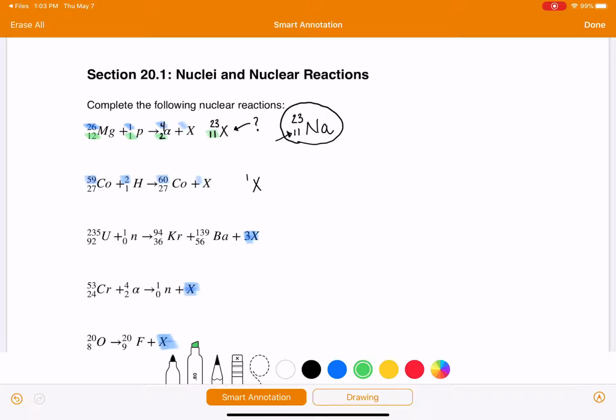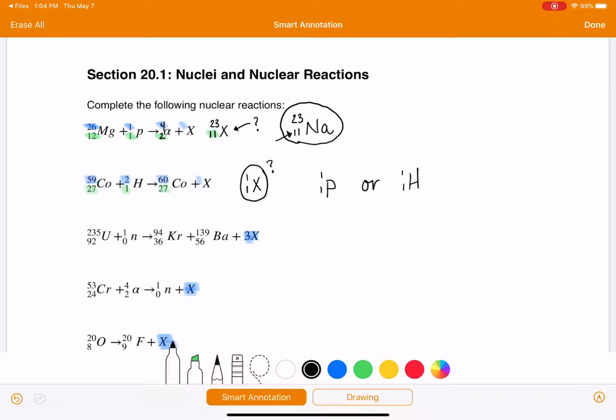And for our protons, we have 27 plus 1 on the left, which is 28. 27 plus 1 on the right is also 28. So what is this guy? You could either write proton like this, or you could write it as hydrogen like that.